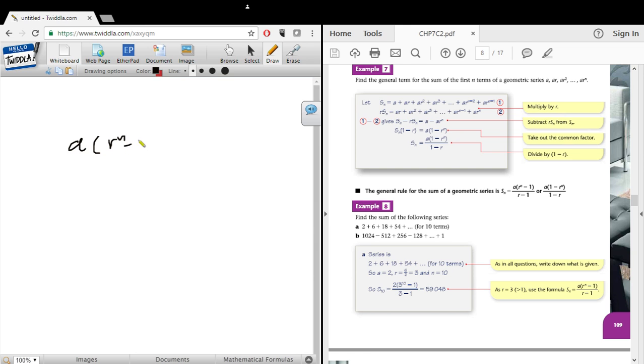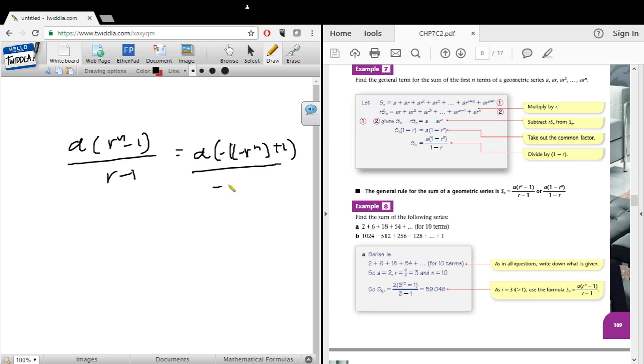So you have Rn minus 1 over R minus 1. If you want to change what's here in the brackets, this is another way of writing it: R minus Rn plus 1.